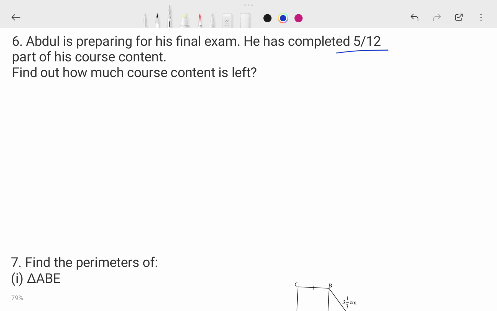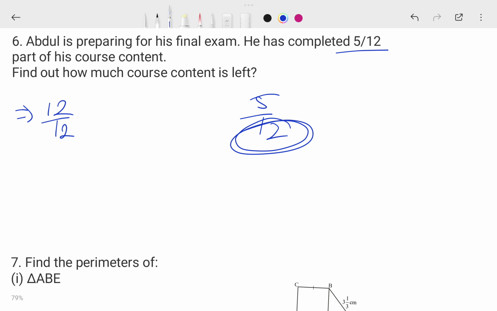Okay, so the total content is 12 by 12, because it is written 5 by 12. The last number is 12 only, na, because I tell you, I have 8 chocolates. Out of 8 chocolates I already gave you 4 chocolates. Then how many chocolates are left? Then you will say you have 8 chocolates, brother, and you already gave 4, then 4 is left only.